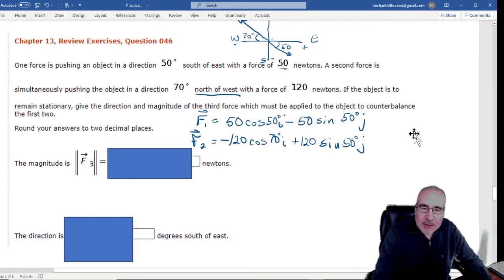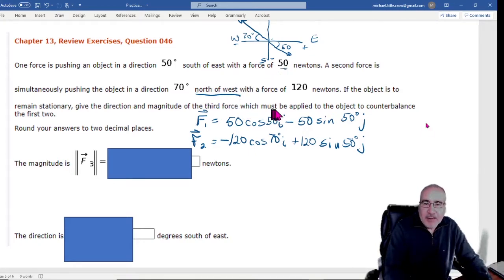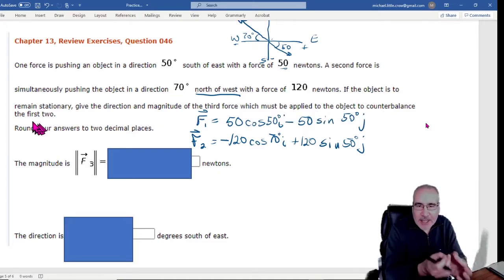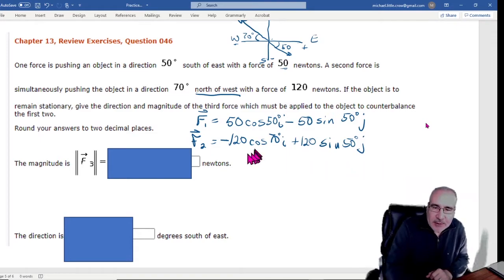So now that we've got them set up correctly, we want the third force, which must be applied to counterbalance the first two, to make the resulting force 0. So if we add these three forces together, force 1 plus force 2 plus force 3, we have to be equal to 0. Well, so what is force 3?